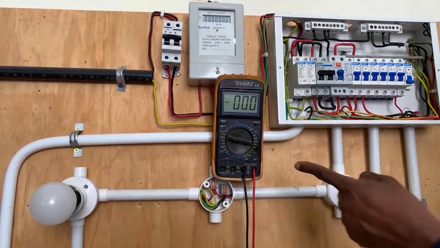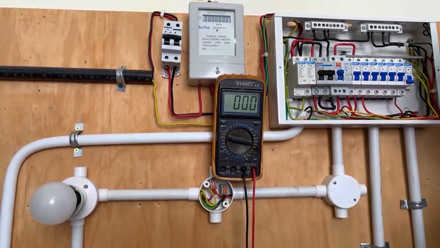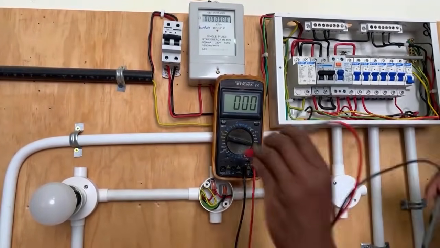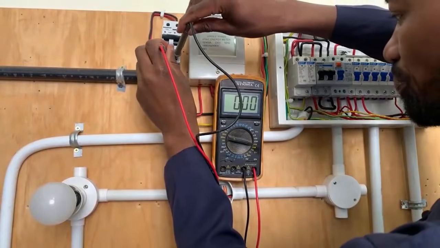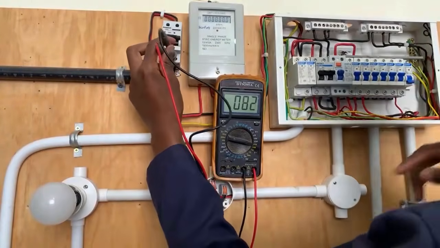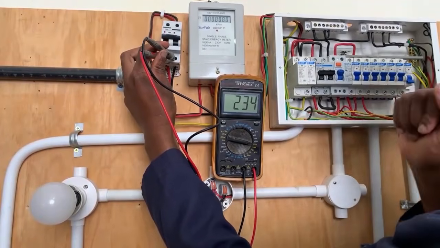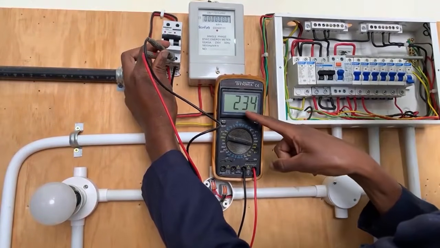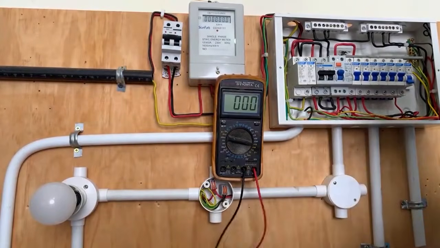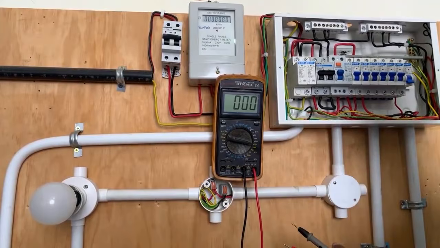We have our digital multimeter set. We want to record the voltages that are coming in. We will start at the meter box. At the meter box, we place our probes like so. 234. It is constant. Very good. 234 volts AC. When you remove the probes, it gets back to 0.